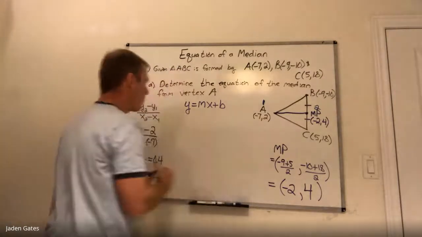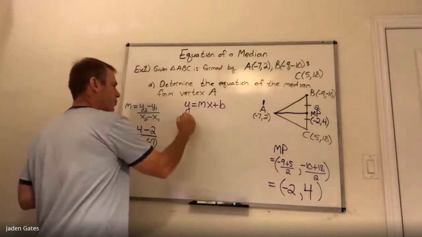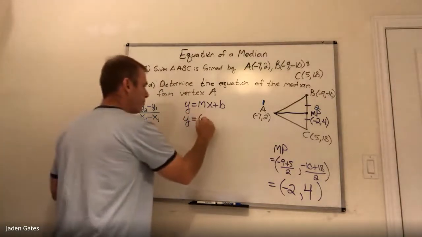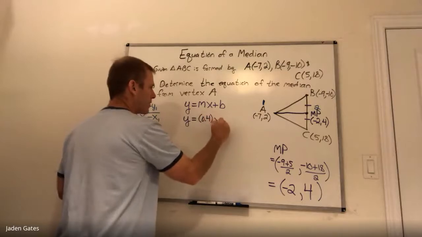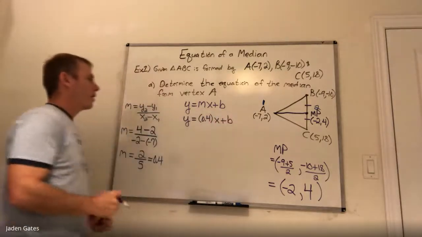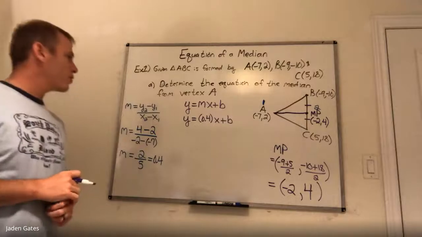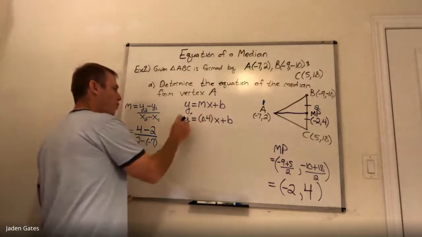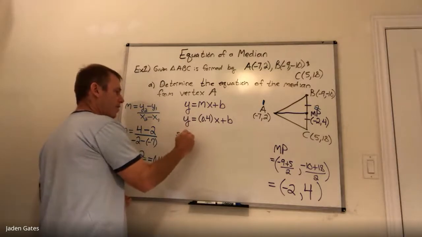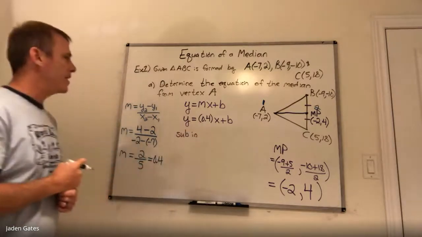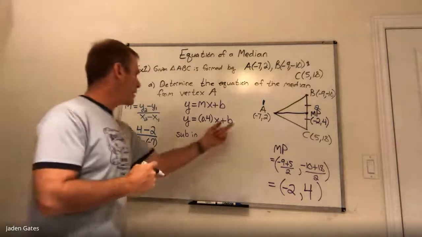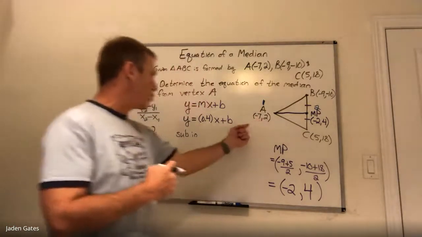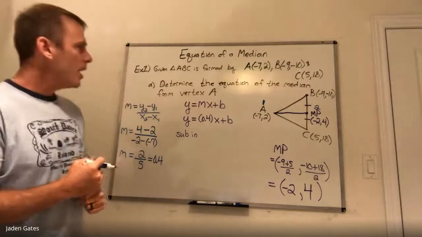Now, once again, I'm going to update my equation here. I've got y equals, my slope is 0.4 times x plus b. Now we've done that before. Find the slope, then finish it off by finding the equation of a line. What I need is an x and a y that will work so that I can substitute those into the equation to find my b value. If I substitute in any point that's on that line, I've got my choice between A or the midpoint, I'm going to pick the midpoint.